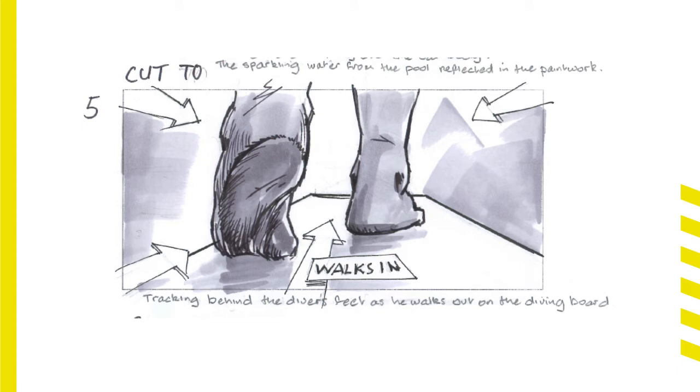And then we are cutting again, and this frame is very low on a diver who's walking out on a diving board, and the camera is following as he walks. So it's almost the same pace as he is walking. The camera is tracking after him.